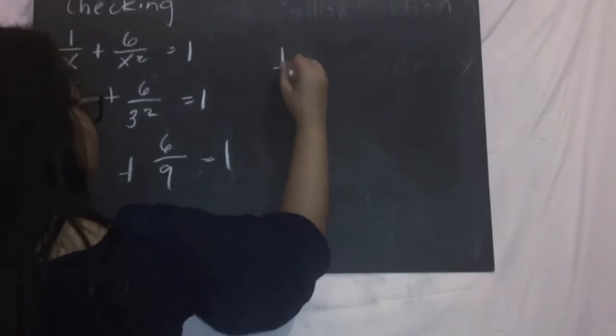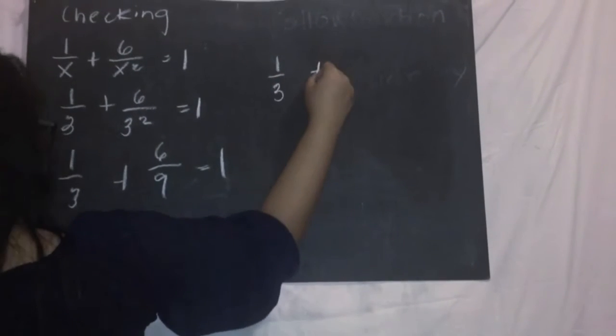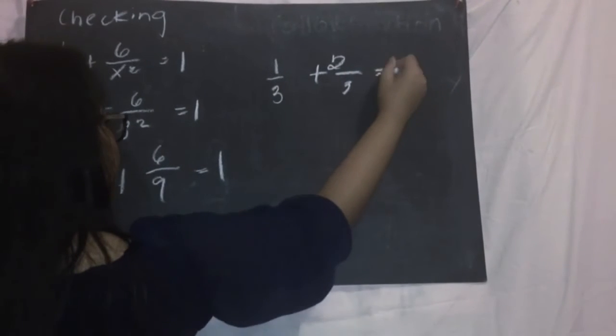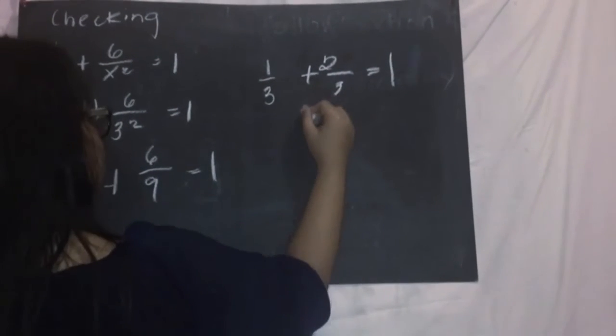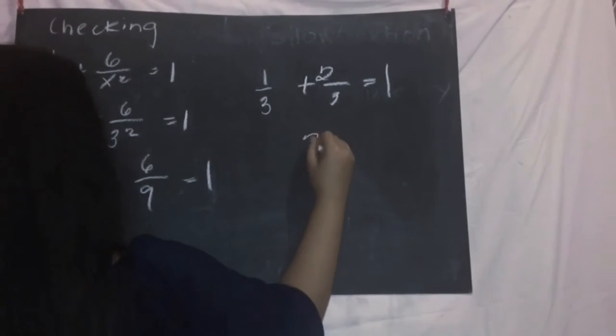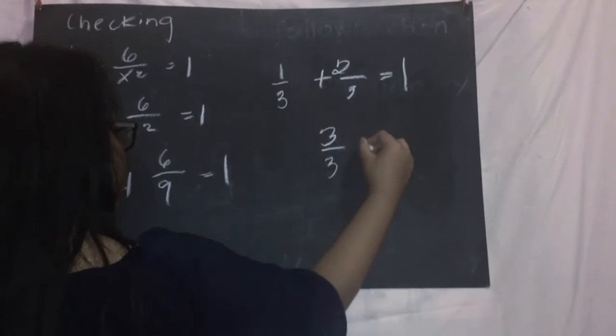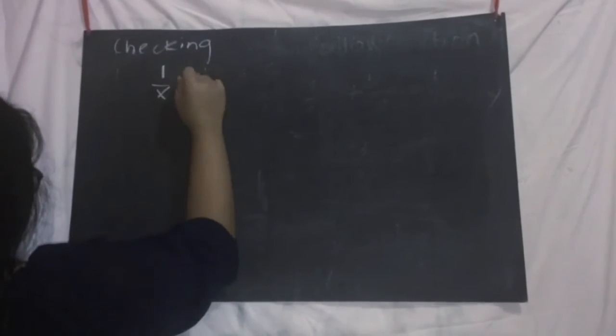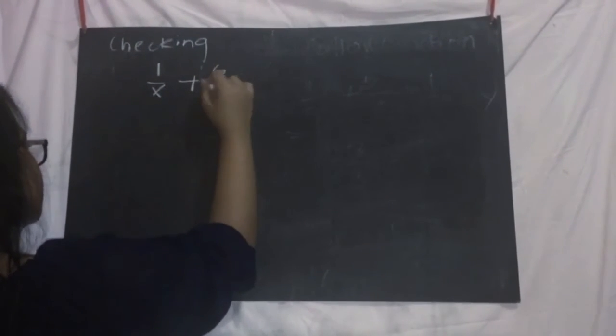So it will become 1 over 3 plus the lowest term of 6 over 9, which is 2 over 3, equals 1. So 1 plus 2 equals 3 over 3 equals 1. So our answer, which is x equals 3, is correct. So let's check the other value of x, which is negative 2.